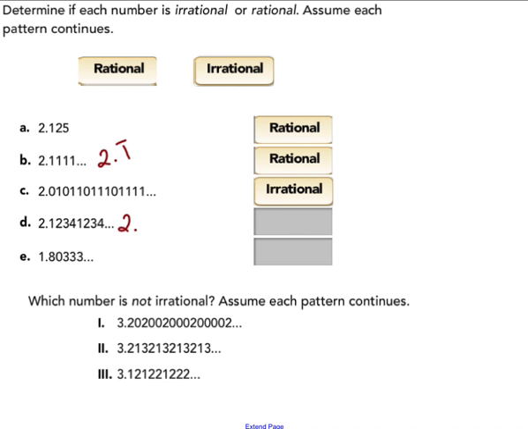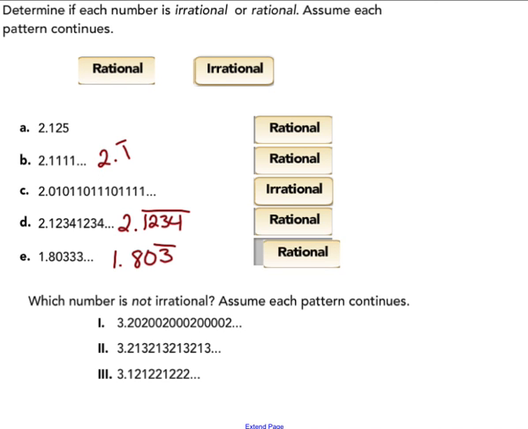D, you have 2.1234 where that all repeats itself, and remember, when a decimal repeats itself, that's rational. And here you have 1.803 with the 3 repeating itself, that is rational.